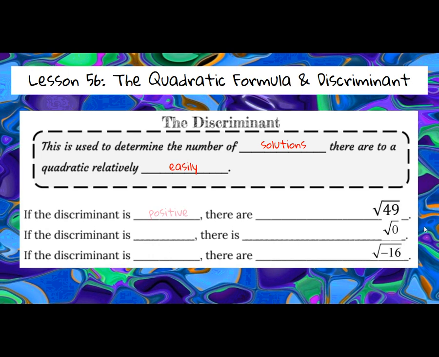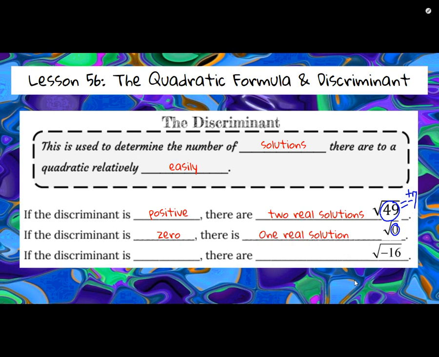Now, if the discriminant is positive, there are 2 real solutions. Just like when I say, hey guys, we're going to take the square root of 49. What's the answer? And I would say, no, it's not 7. It's plus or minus 7. How many answers is that? There's 2, because the number under the square root is a positive number. If the discriminant is 0, so we're looking at the number underneath the square root being 0, there is 1 real solution, because the square root of 0 is just 0.